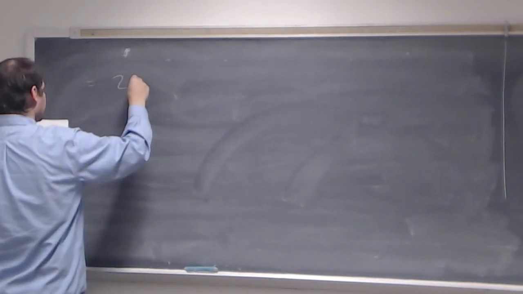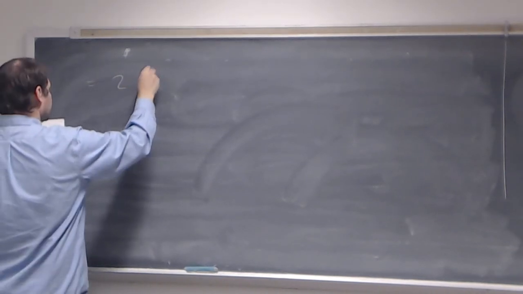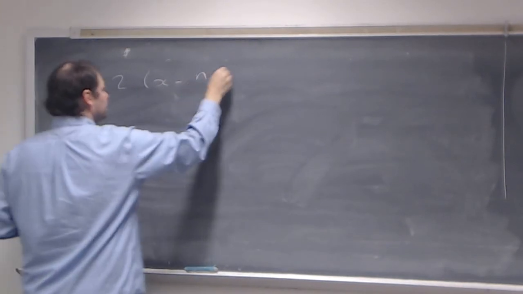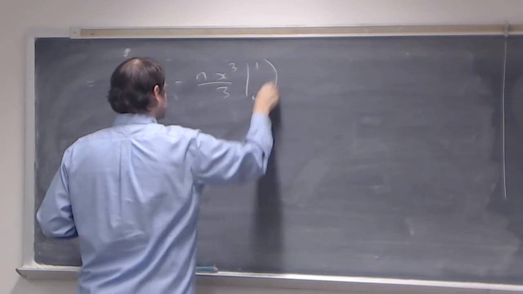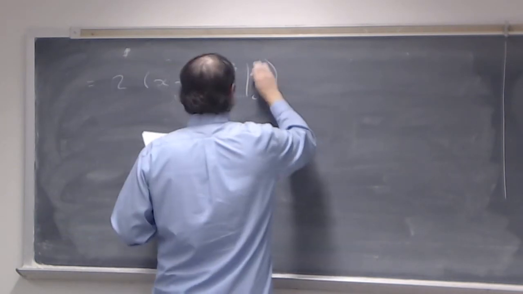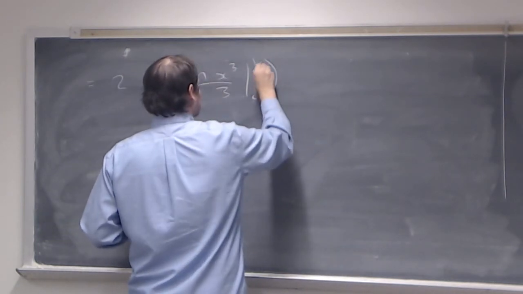Okay, so we're going to do that integral now. This is equal to 2, and when you integrate this, you're going to get x minus n x to the third over 3. We'll evaluate that from 0 to 1 over the square root of n.